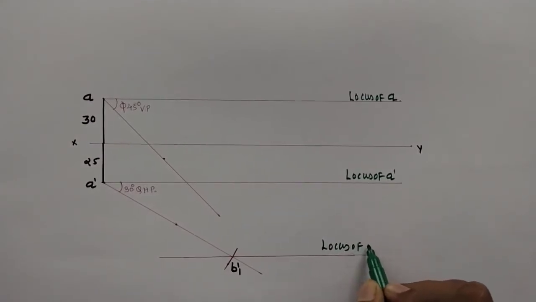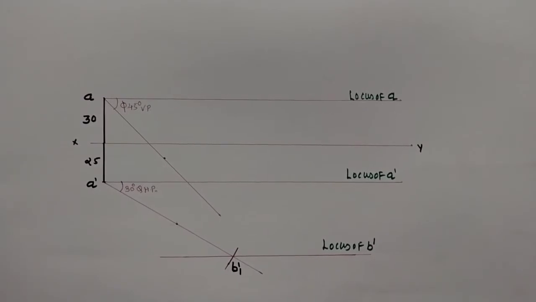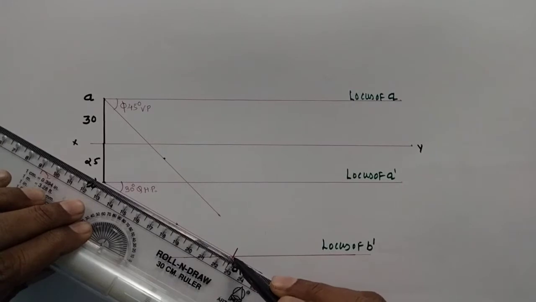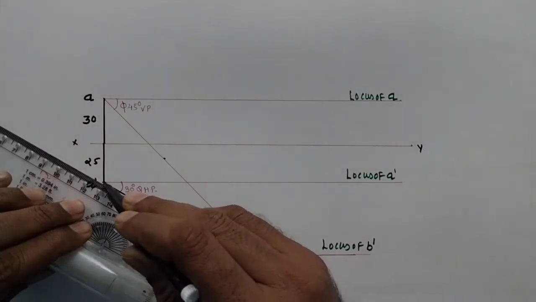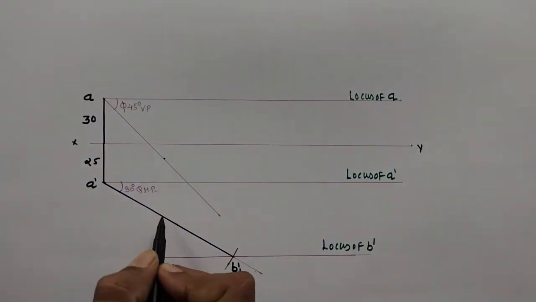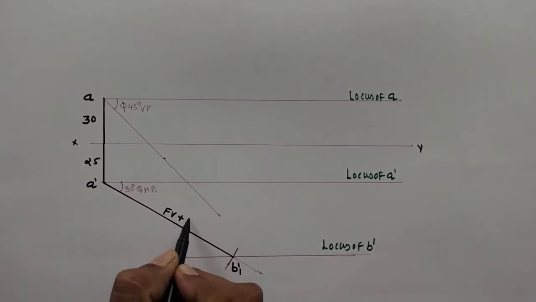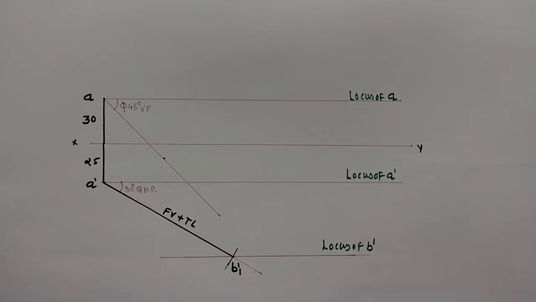Now I join A dash B1 dash, which is our front view plus true length, line inclined to HP 30 degrees.